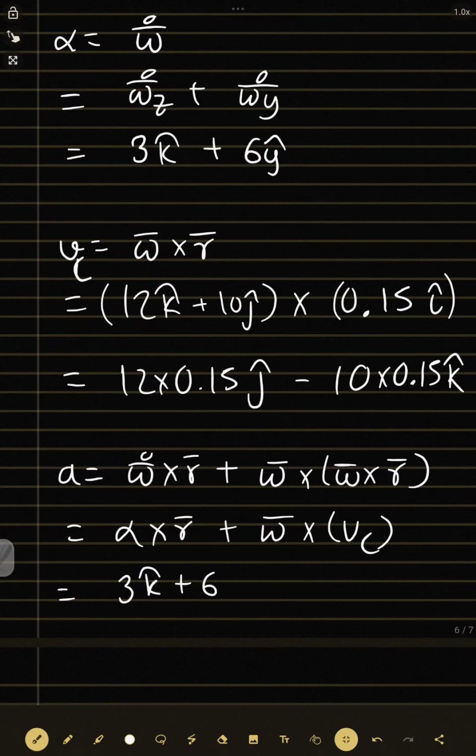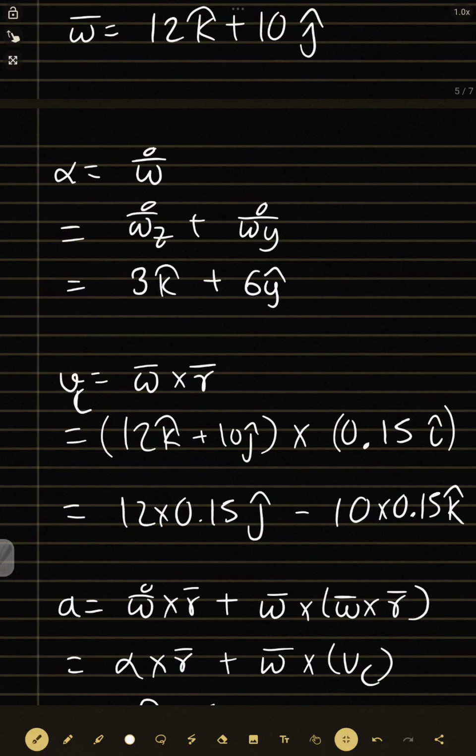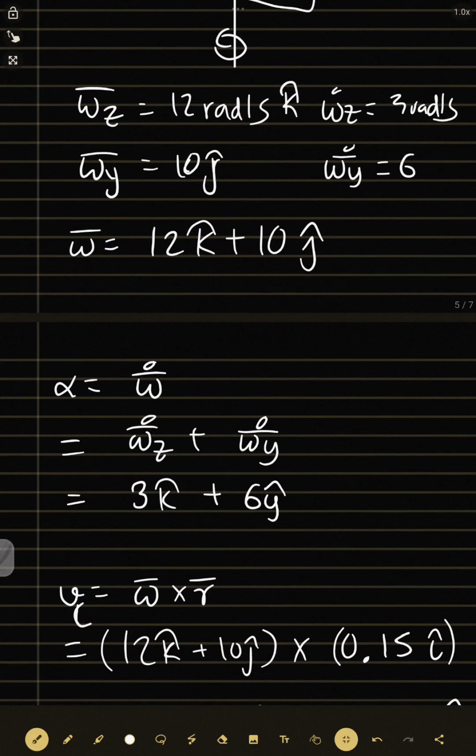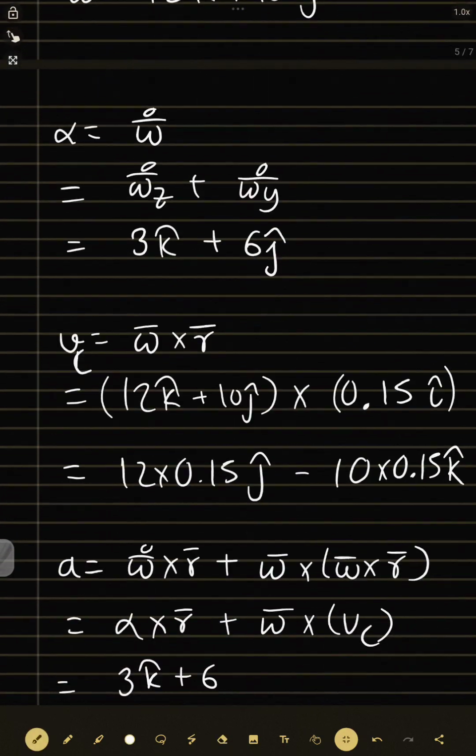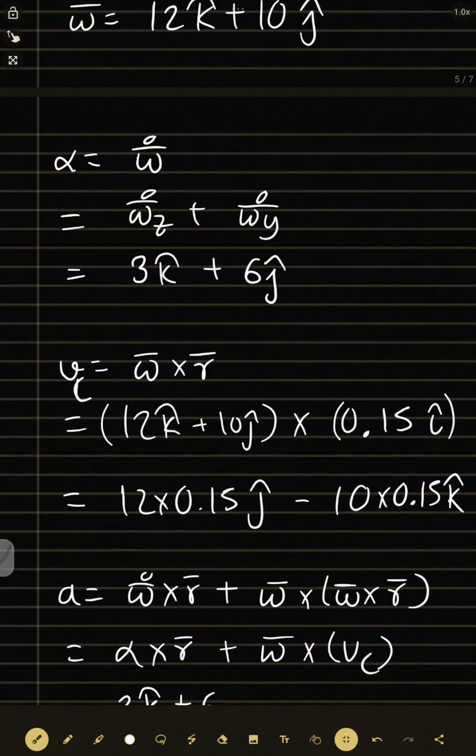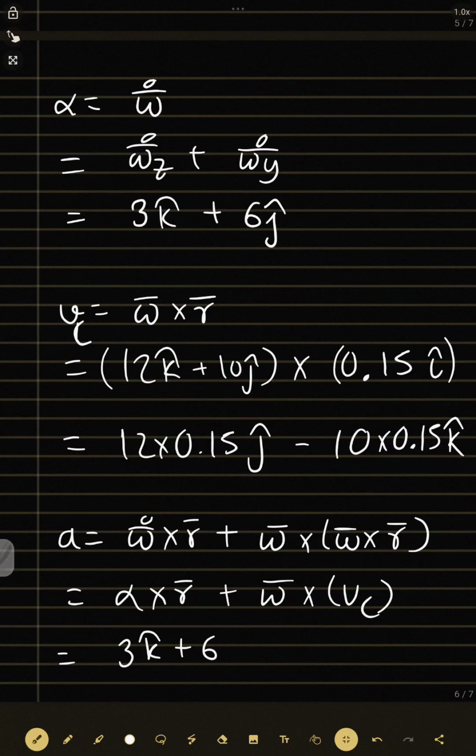Omega p time derivative is 3 radians per second. Will there be anything else? No, talk only about the time derivative of omega p. Forget about omega s. Right now only the time derivative of omega p.